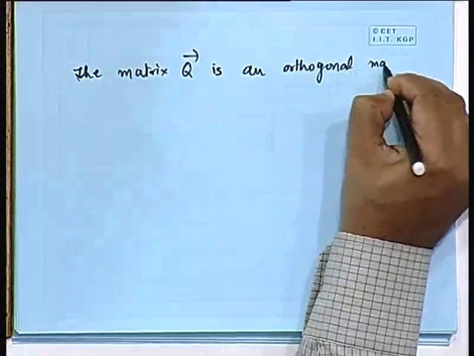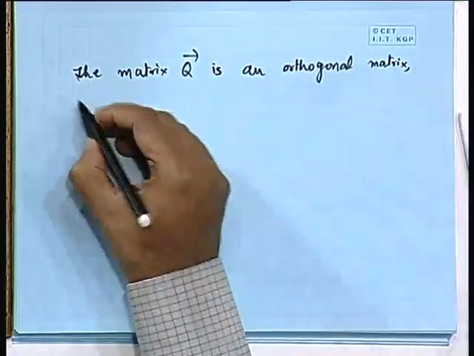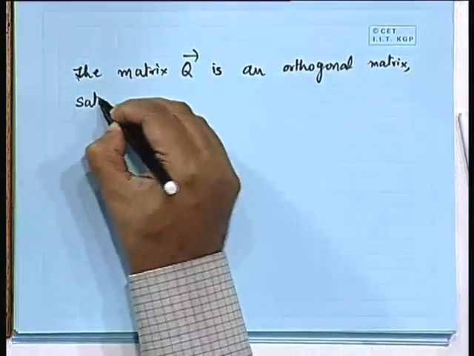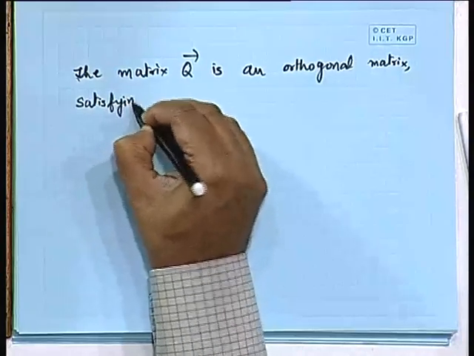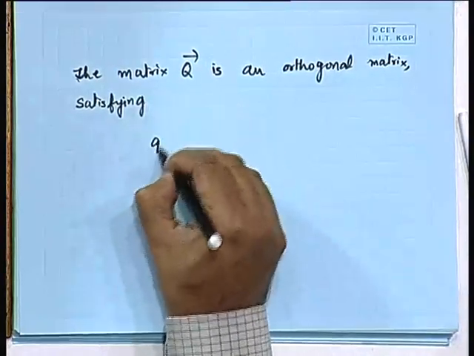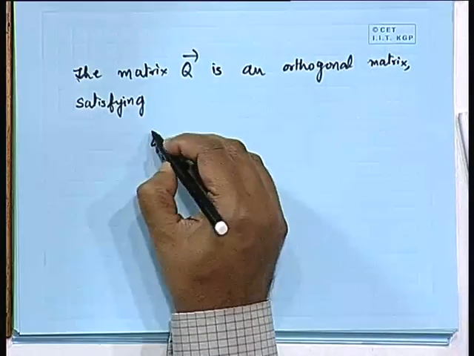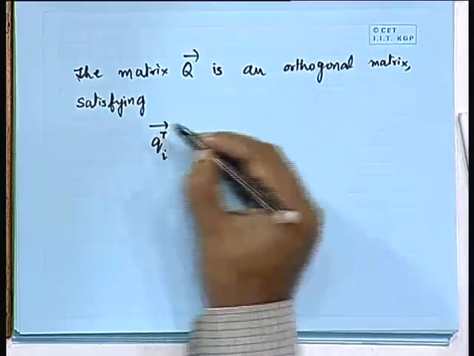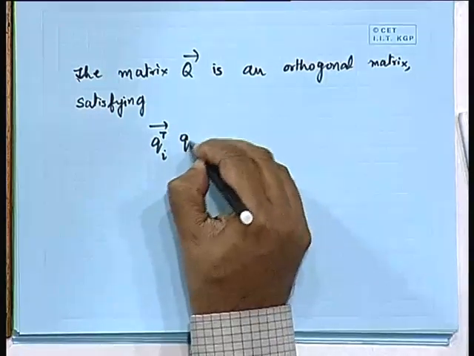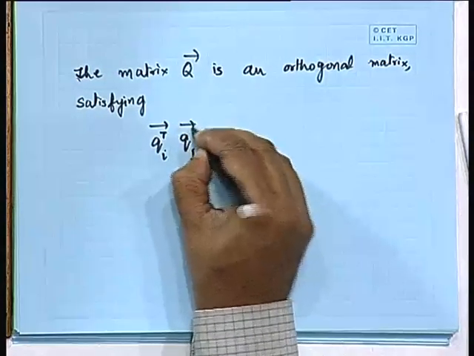So, we can say that the matrix Q is an orthogonal matrix which satisfies this: you take any column Q i, take the transpose of this and take the dot product of this with Q j.